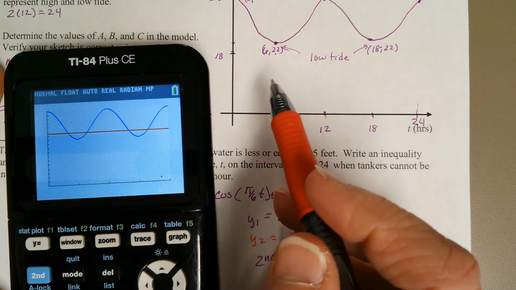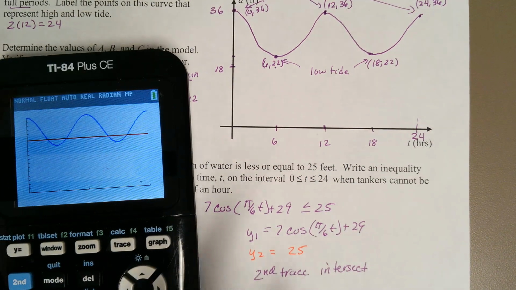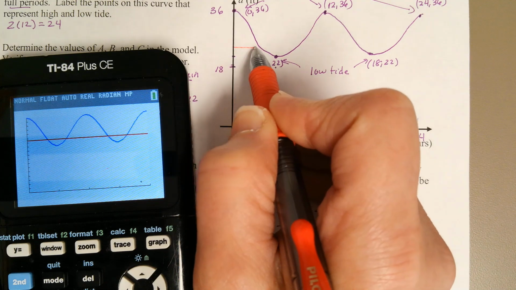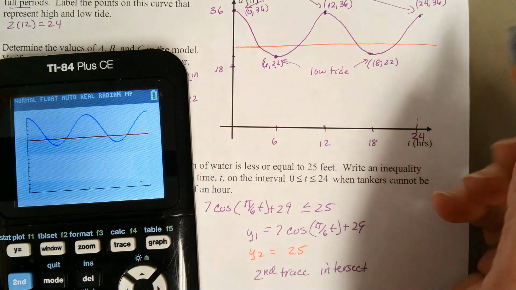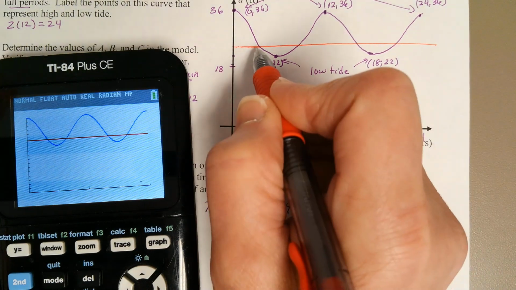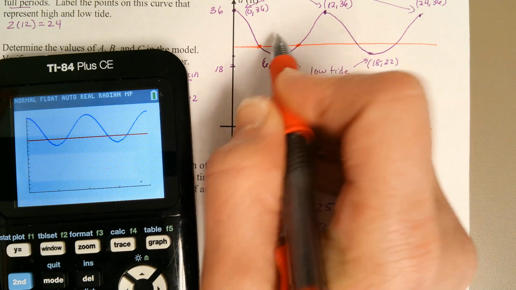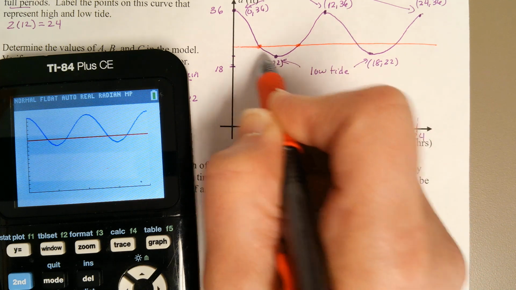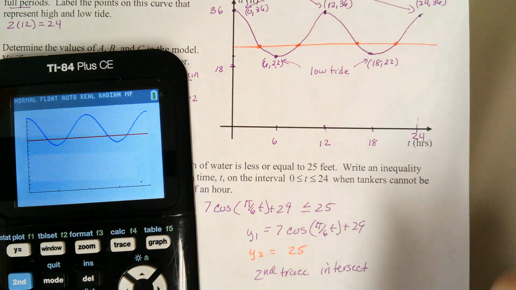And actually on our sketch, 25 is about here. Let's just draw this. So from here to here, those tanker boats cannot be in the bay because that's when it's at or below 25 feet. From here to here, and then from here to here.